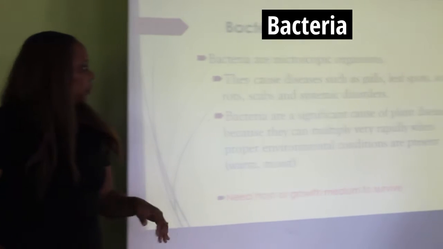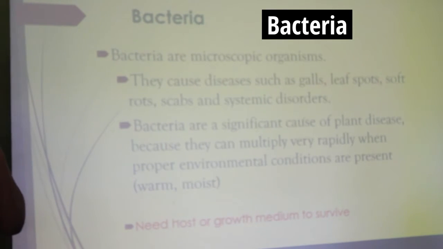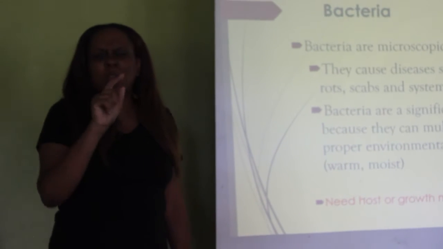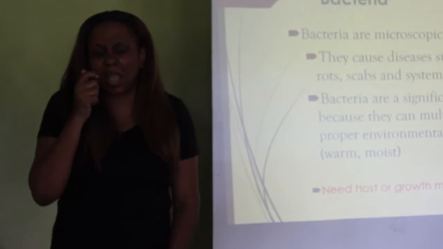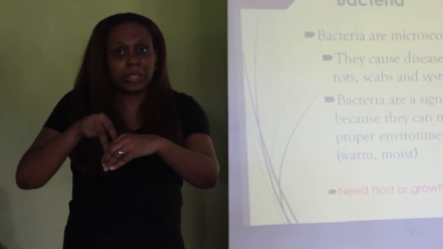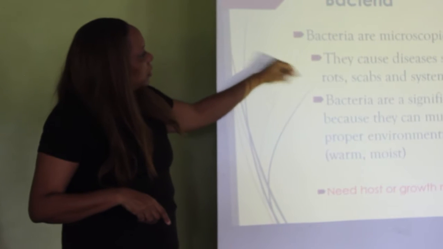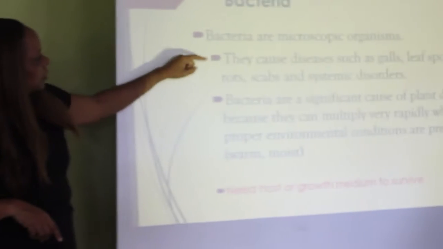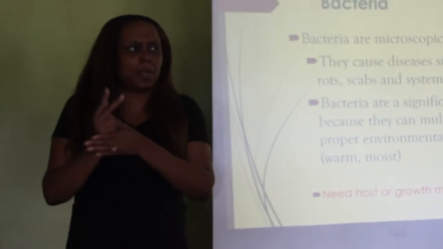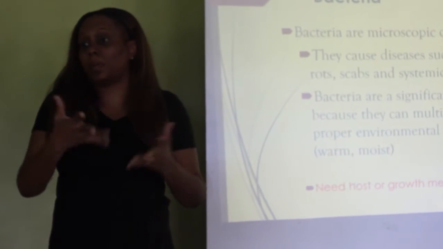We go on to bacteria, which is another pathogen. And bacteria, like the fungus, are very, very tiny particles. That's why we call them microscopic organisms. And they cause diseases such as galls, leaf spots, soft rot, scab, and other disorders. When you have a chance, you can go over there and look at the samples that we have.